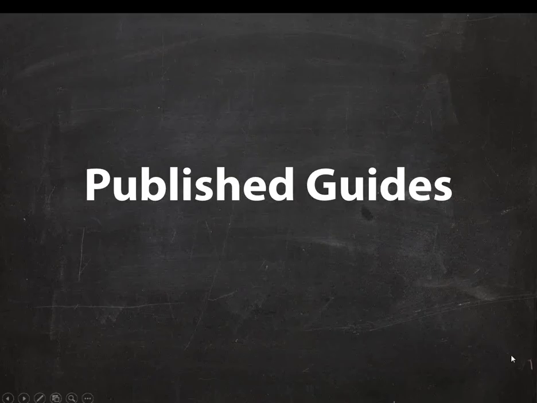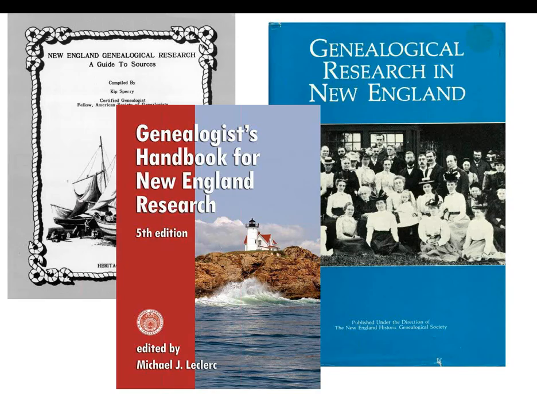Before we launch into talking about the records, there are a number of published guides that I love to mention, especially when it comes to New England. These include some that most people look at the copyright dates and their first comment is, why? These are too old. Just because they are from, say, the 80s or 90s doesn't mean that they don't hold valuable resources for us.